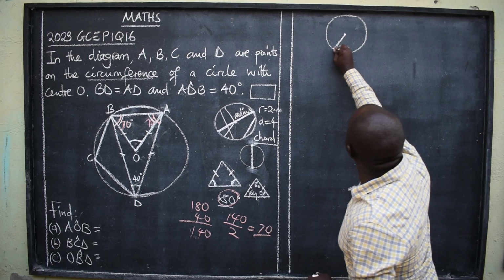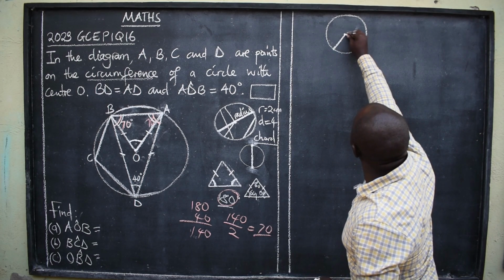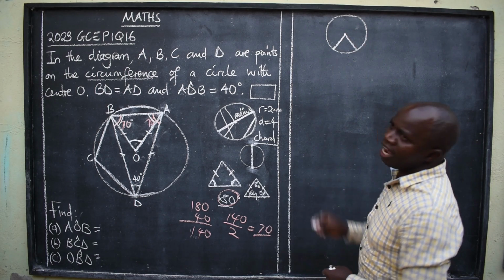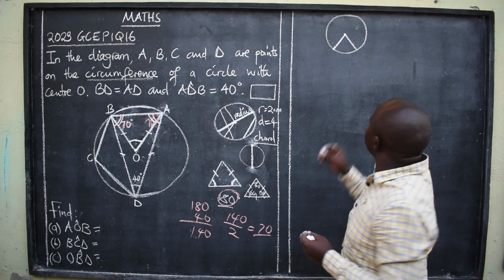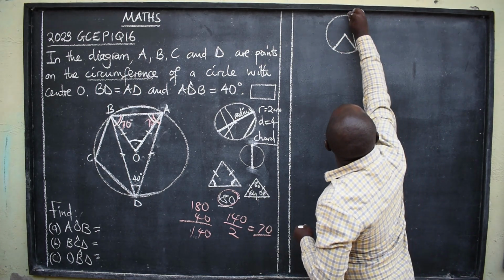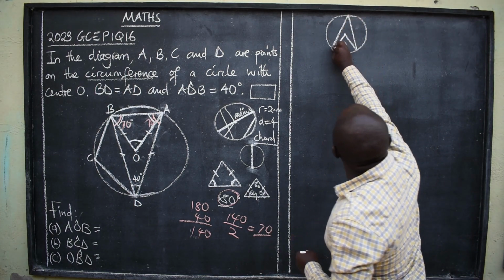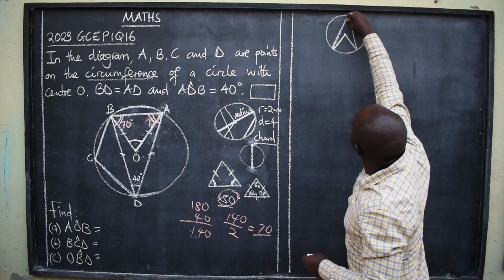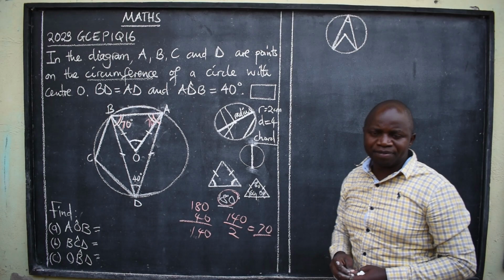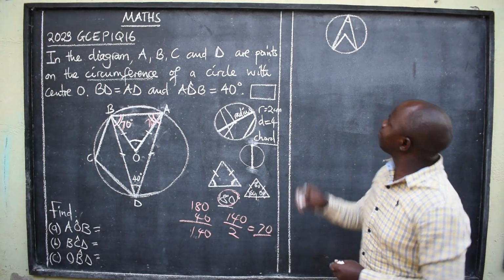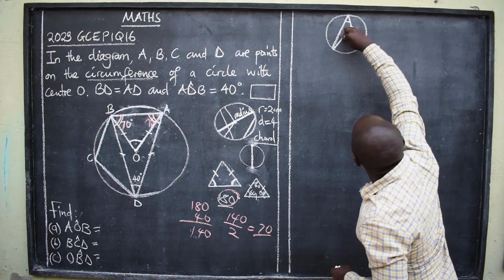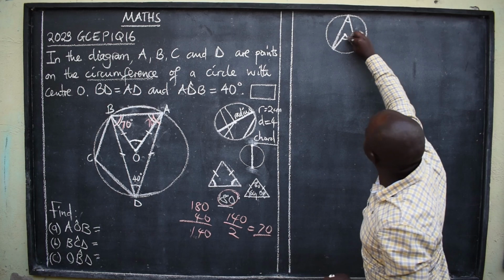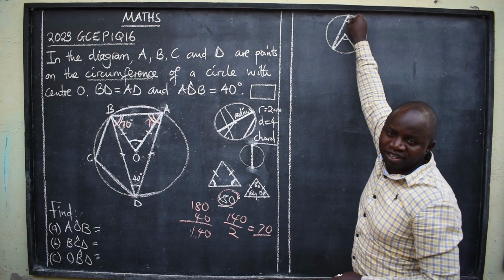The property says if you've got two radii like this, and they've formed an angle, a subtended angle like that, the property says this angle at the center here is twice the angle at the circumference.